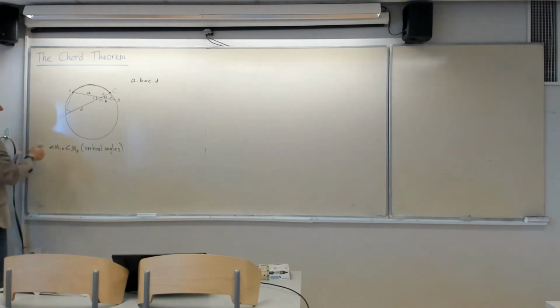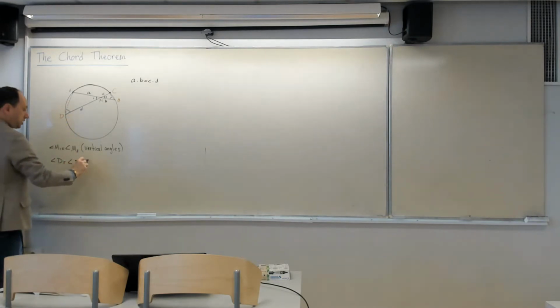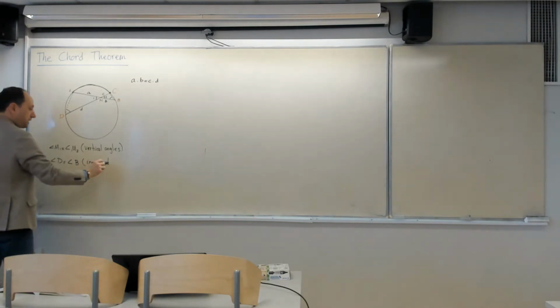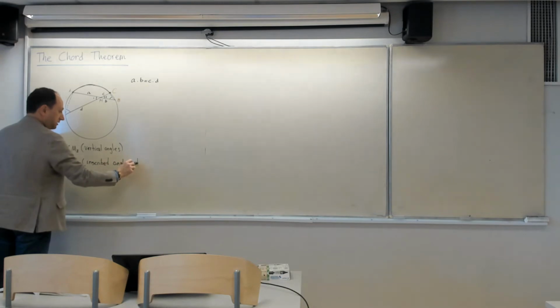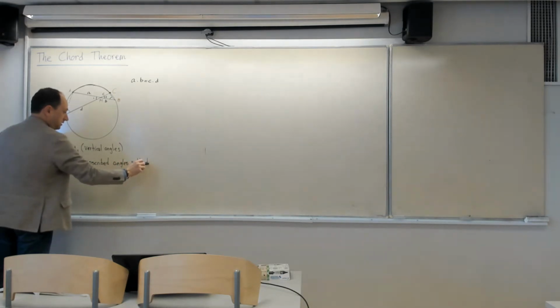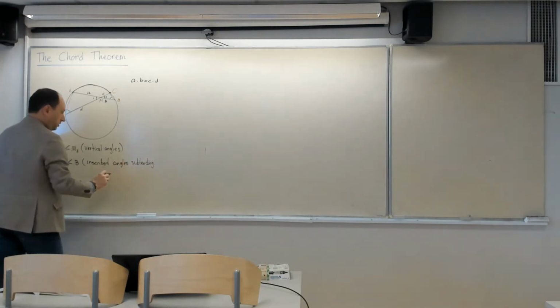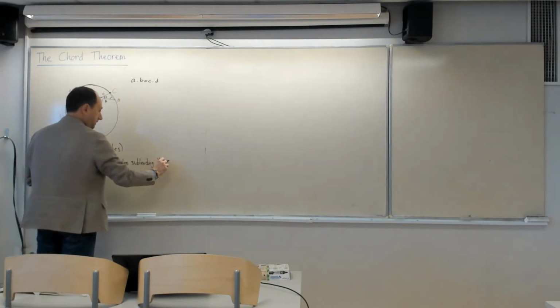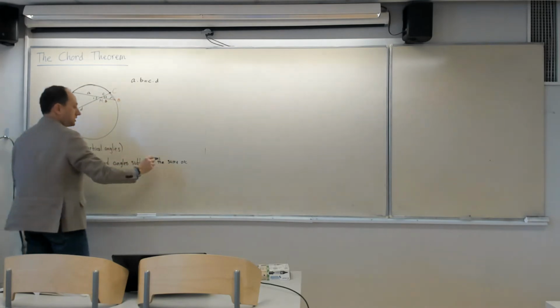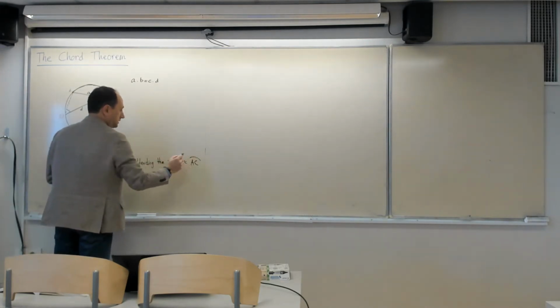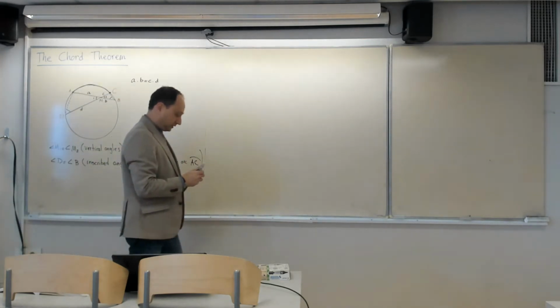So this means that I would say that angle D is equal to angle B. This is important to write in the exam: inscribed angles subtending the same arc, for example, AC. Okay?